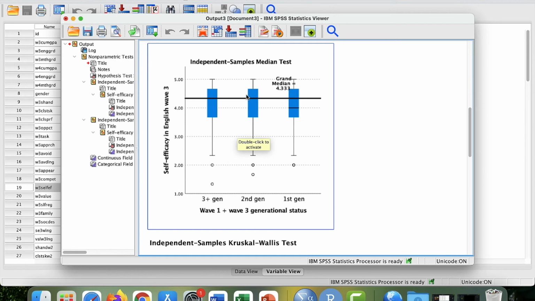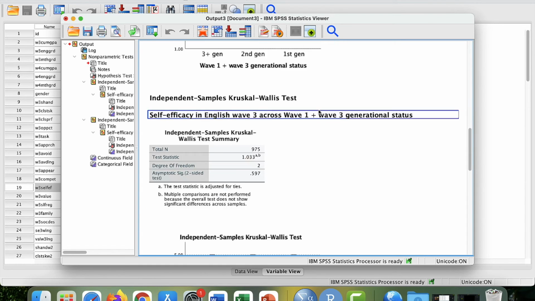This is the grand median here, and if you look at where the medians would be for each group, they're pretty similar, all of them a bit above 4, between say 4 and 5, so they're all pretty similar there.